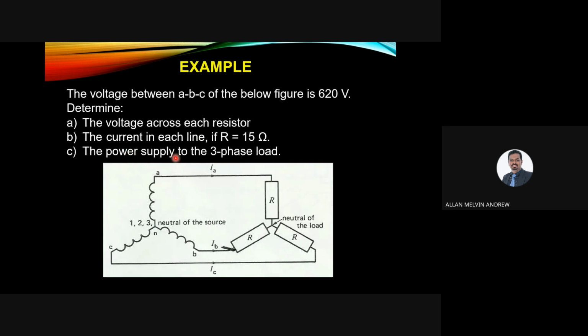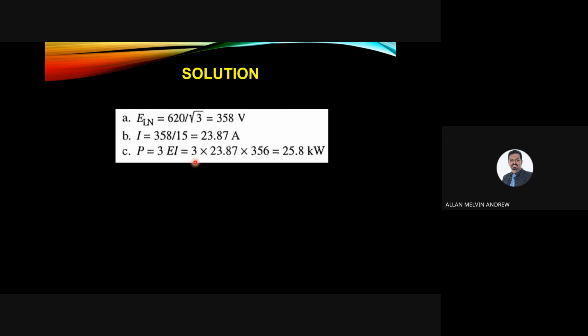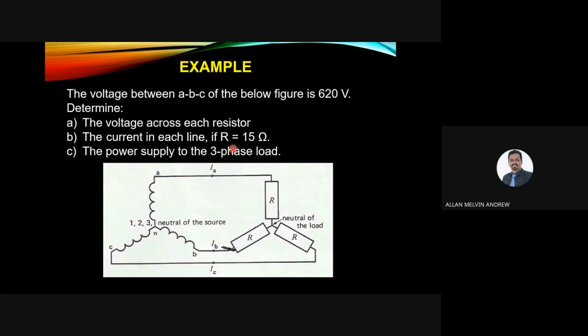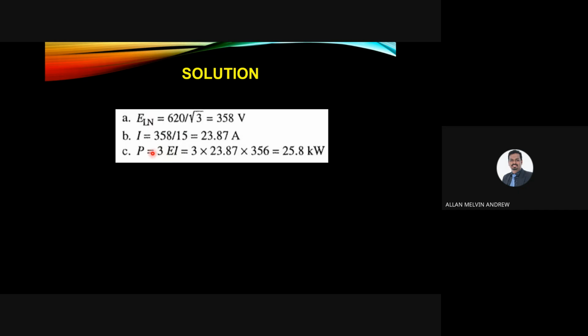And the power supplied to the three-phase load. Okay, so you need to find it for the three-phase load, not single phase. So you need to multiply by 3. So P equals VI, where V is the voltage induced E. So 3 times EI.